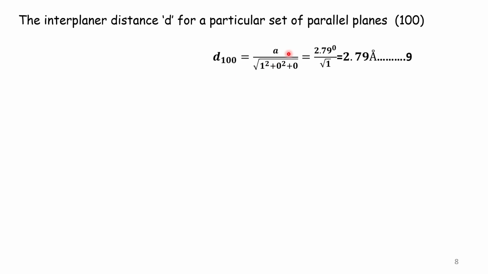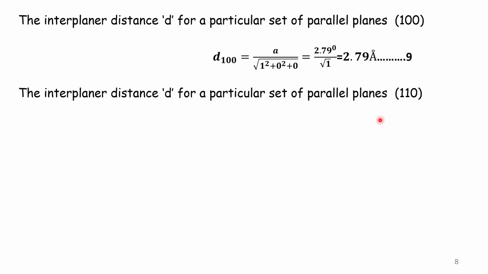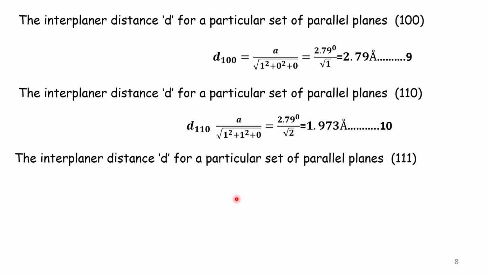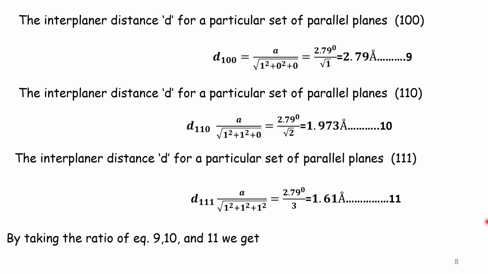By substituting the value of lattice constant and the values of the Miller indices, we get d100 equal to 2.79 angstrom unit. Similarly, the interplanar distance for the set of parallel planes 110 is equal to 1.973 angstrom unit. And in case of the parallel plane 111, its interplanar distance d111 is equal to 1.61 angstrom unit.